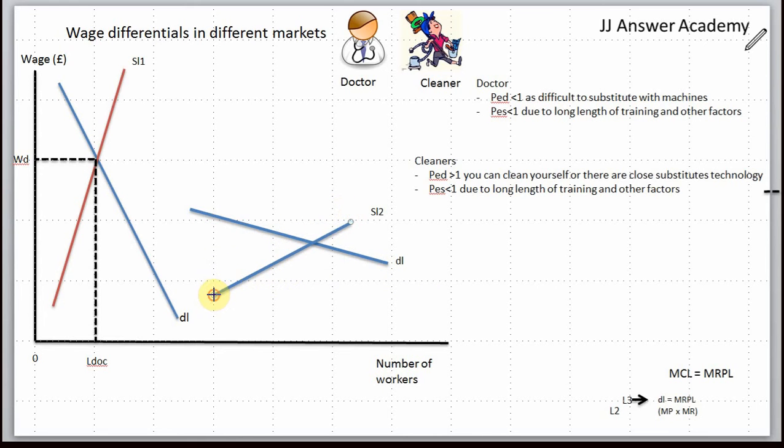Because do you need a lot of training to become a cleaner? I could pretty much become a cleaner.